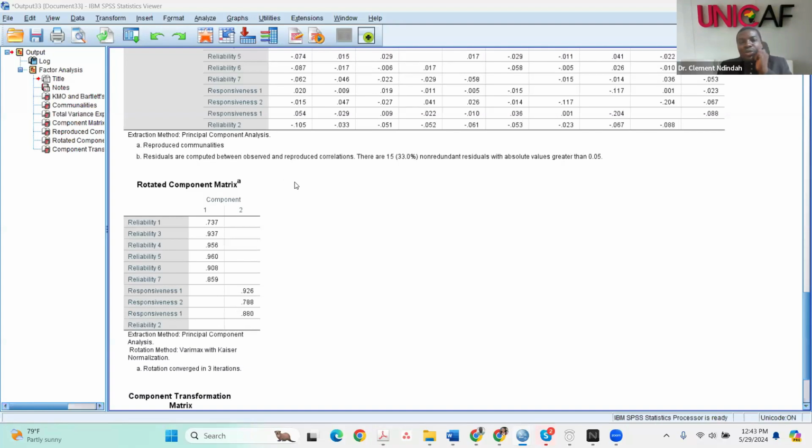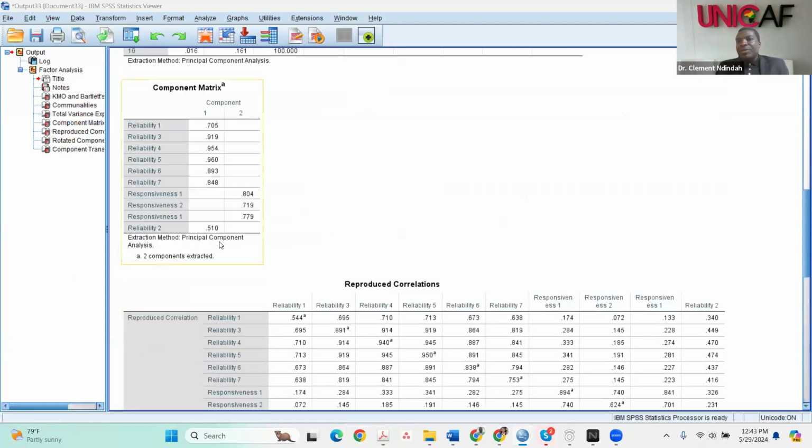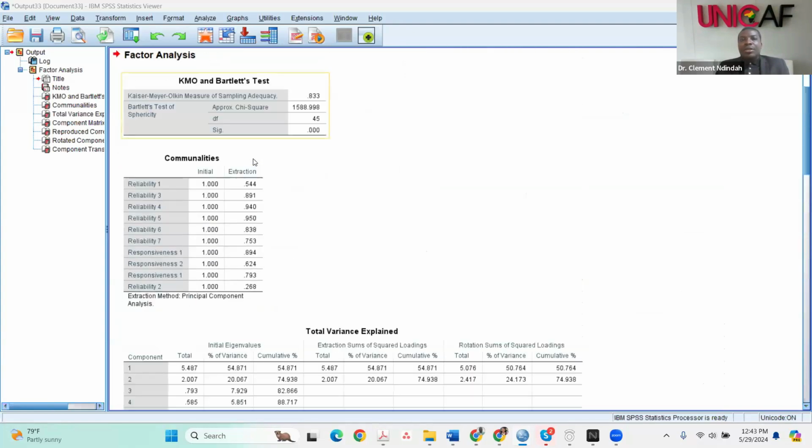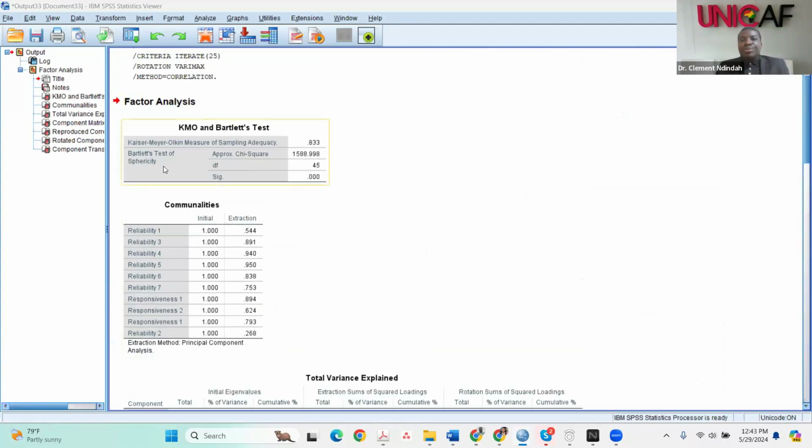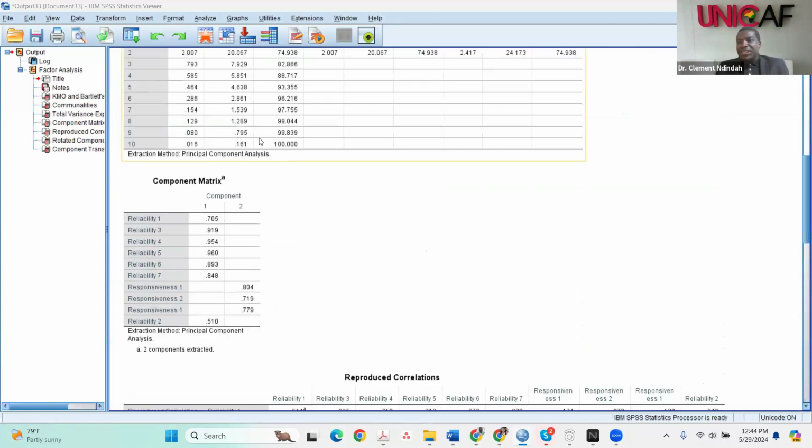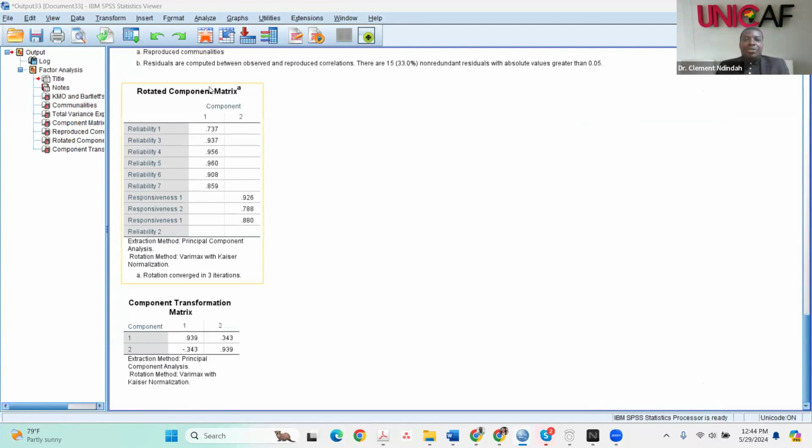Well, in your work, you can choose to report, especially if you don't have an already existing instrument. Let's say in the case of your thesis, you might choose to report the results of your exploratory factor analysis. In order to do so, you report this table, the KMO and Bartlett's test, and you also report the rotated component matrix.